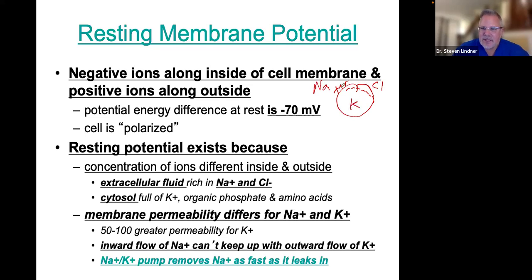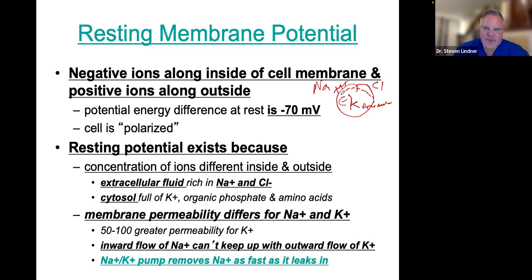Because of this difference between sodium and chloride and potassium, on the inside we also have amino acids. That's what gives this a little bit more of a negative charge, and the sodium, a little bit more of a positive charge on the outside.